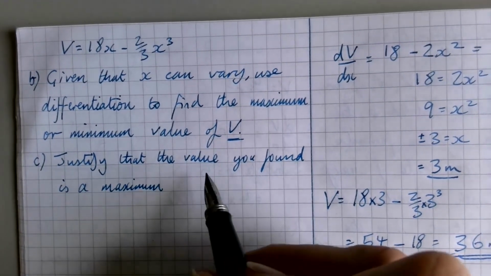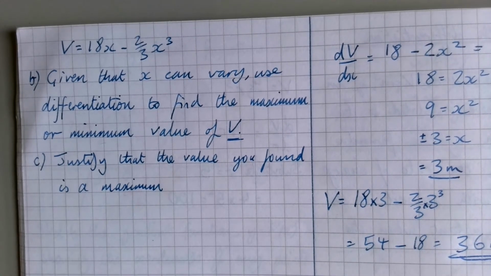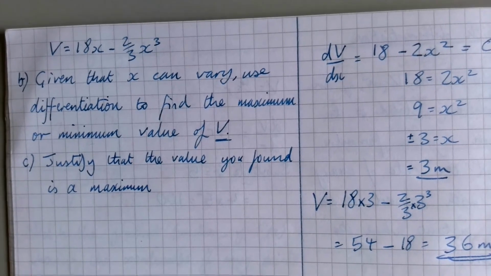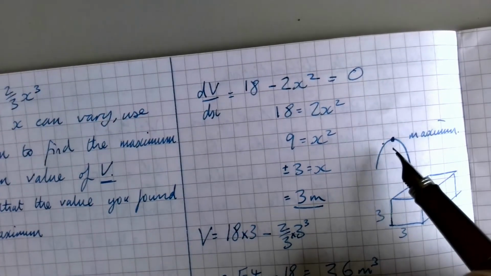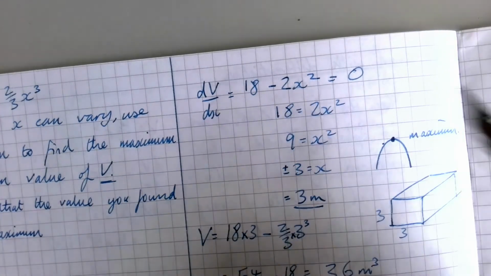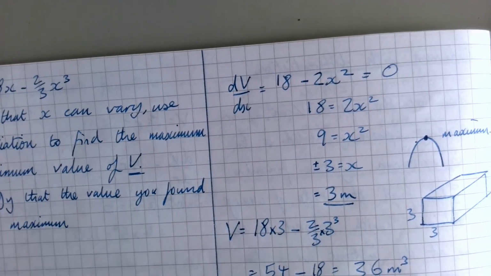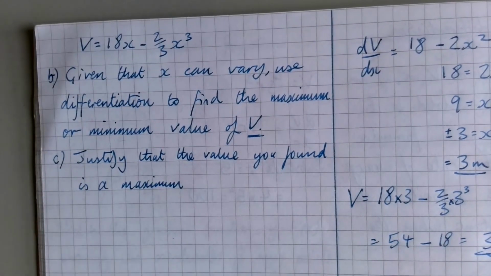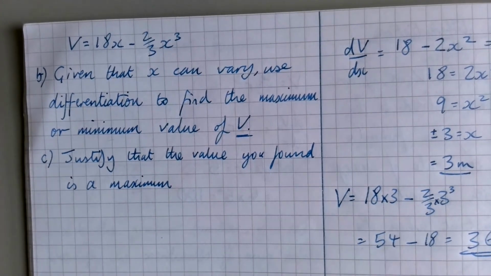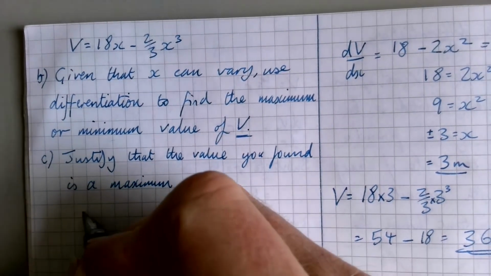And this question here was saying justify that the value of v that we found, 36 meters cubed, is a maximum. Now we've just drawn that, so I know from my knowledge of those quadratics that it is a maximum, but in order to justify it we use the second differential.